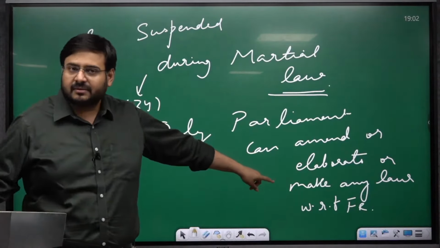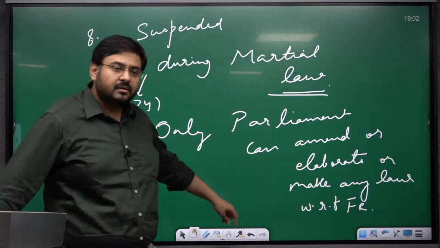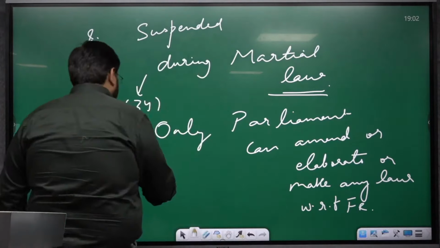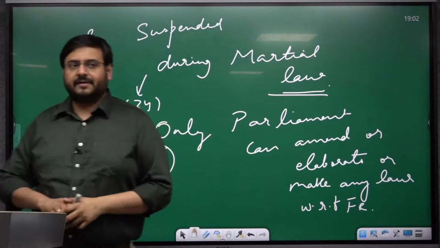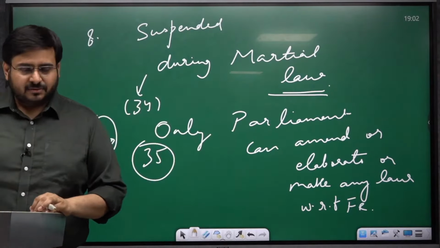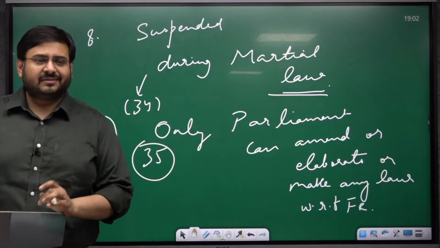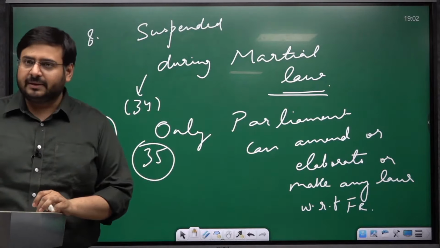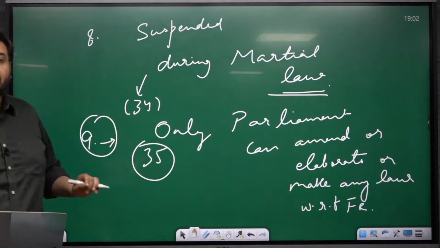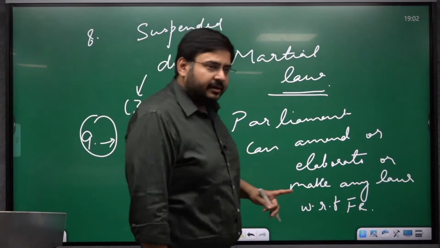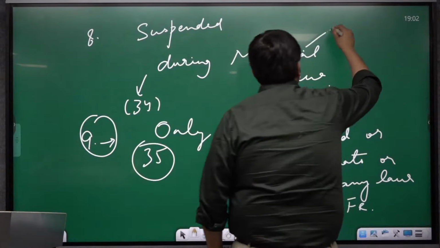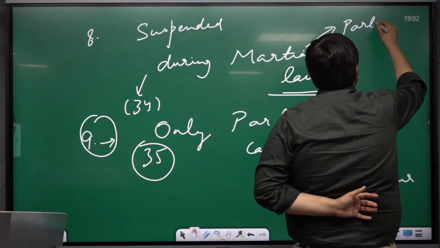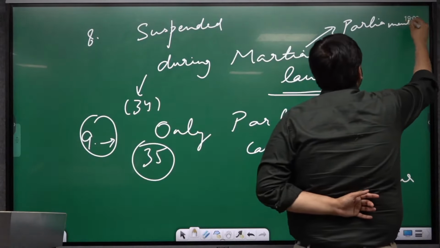Tell me. And this is which article? 35. This is Article 35. Right? So now you know why they are not considered as fundamental rights, but you all know that they are the part of the fundamental right. Parliament by a law.